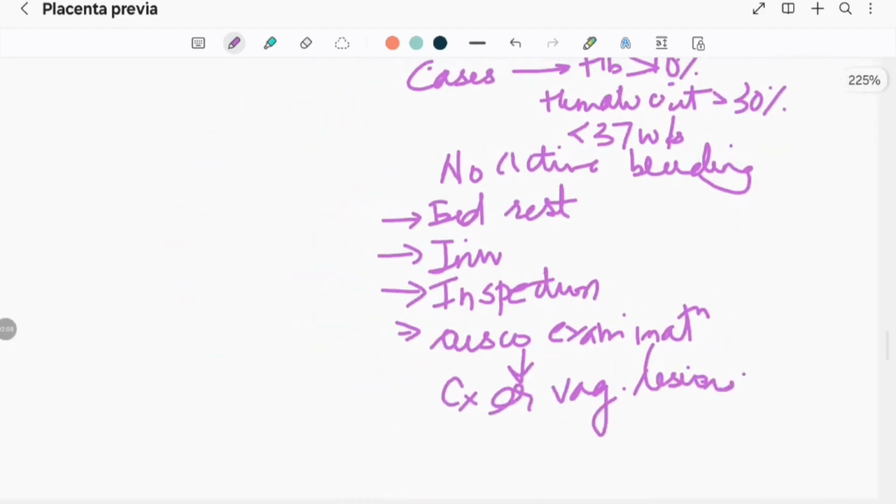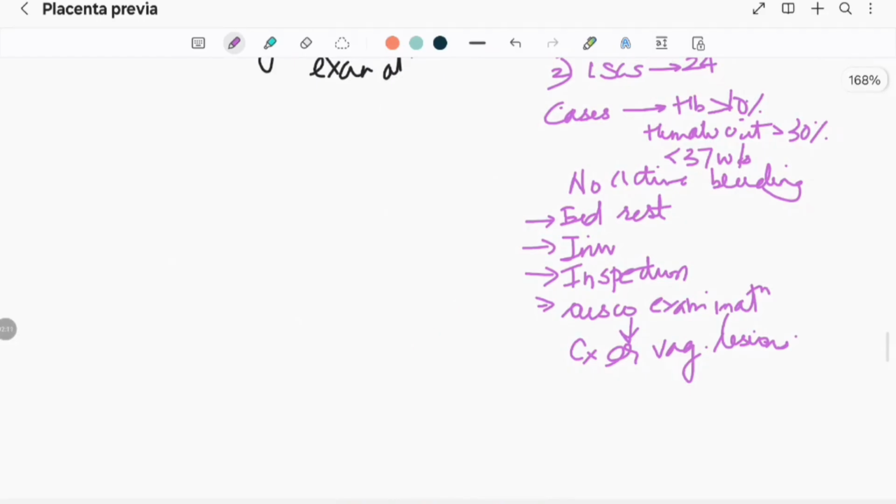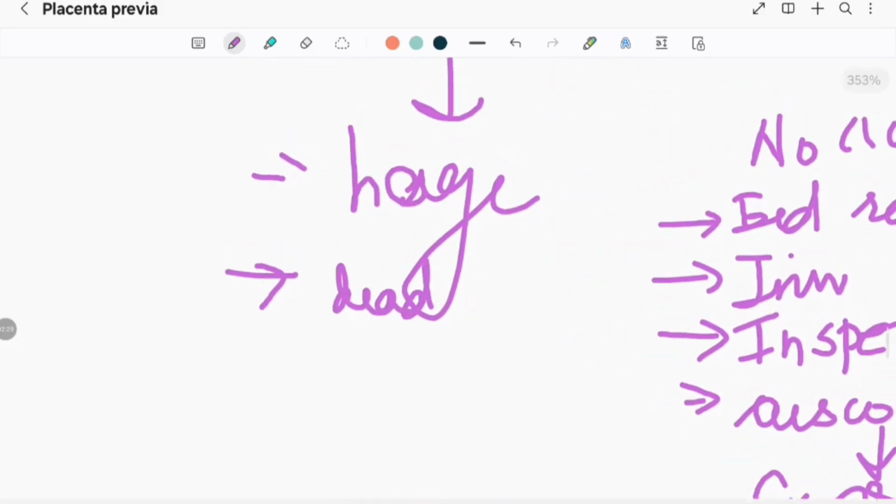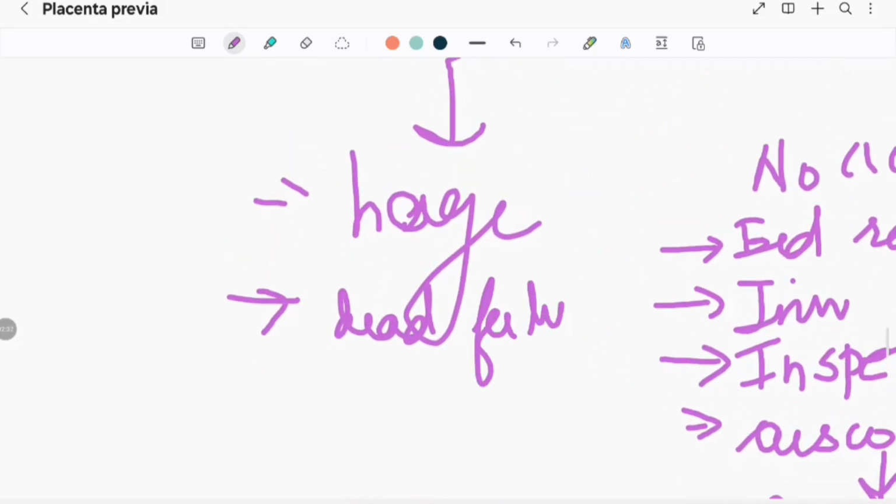However, there can be a preterm delivery where there is risk of hemorrhage. If there is risk of hemorrhage, then the baby might be delivered early, then the fetus, if dead, and in congenital malformation.